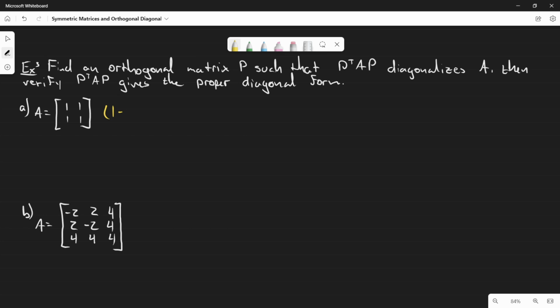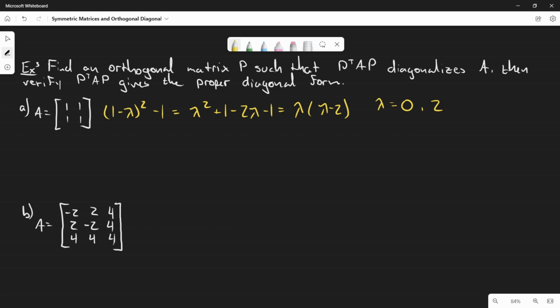So we have (1 minus lambda) squared minus 1, which gives lambda squared plus 1 minus 2 lambda minus 1. The ones cancel out, factor: lambda times (lambda minus 2), giving eigenvalues 0 and 2.